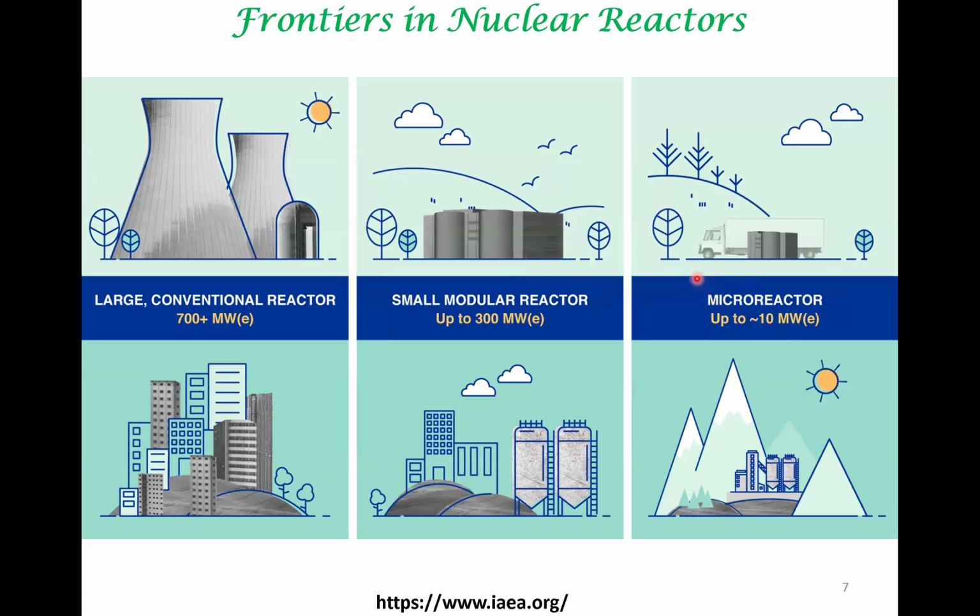These have better safety features, and the economies of scale will also kick in when you go into smaller reactors as opposed to the large conventional reactors, of which there are a few hundred worldwide, but the future probably is in SMR nuclear reactors and micro reactors.